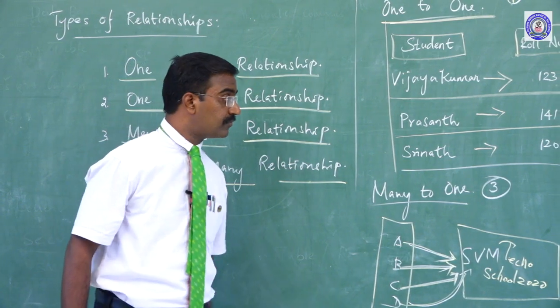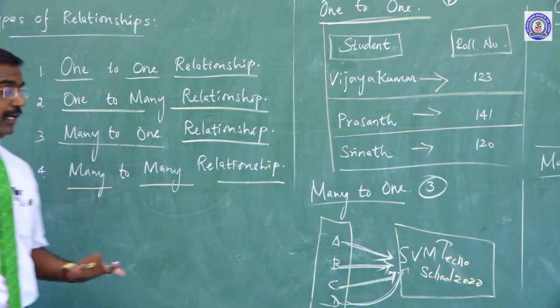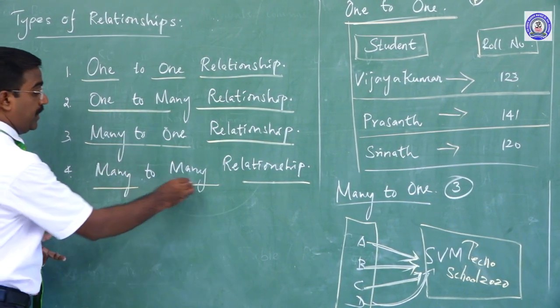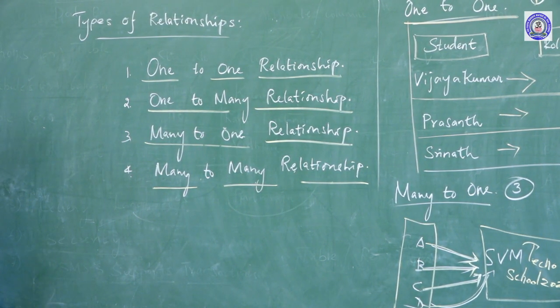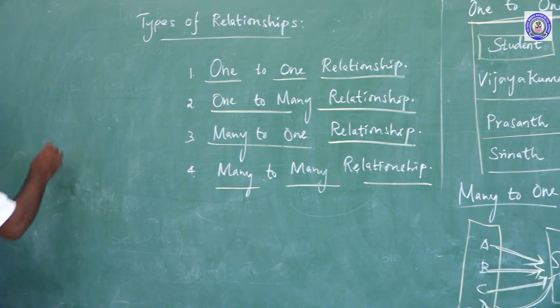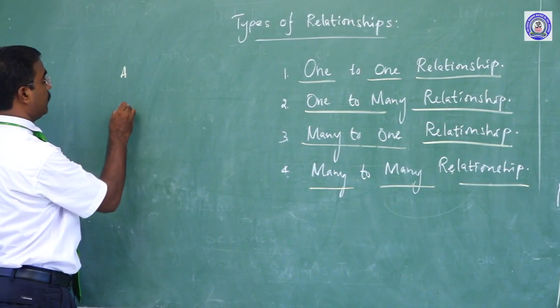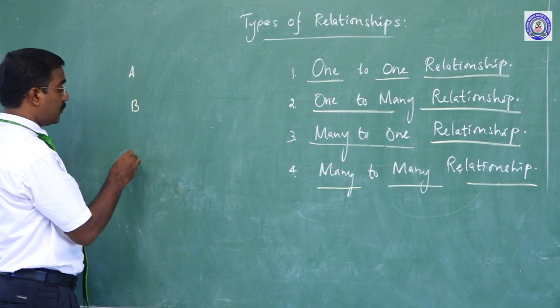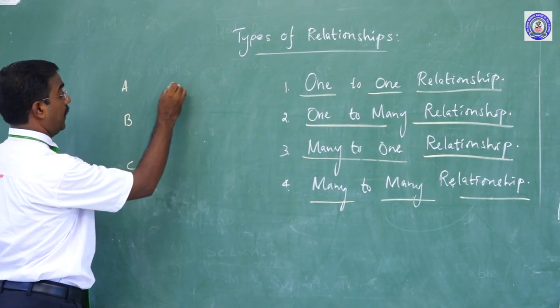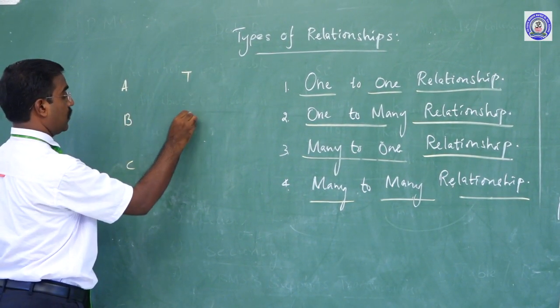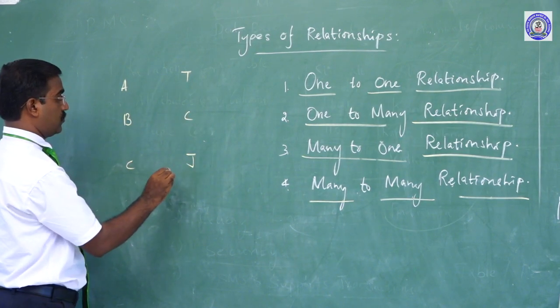Okay, yes. The final one is called the many-to-many relationship. Here, for example, one person is A, another is B, another is C. Person A likes tea, coffee and juice.